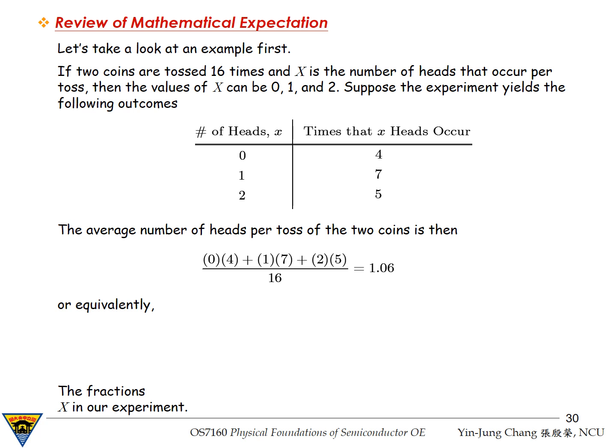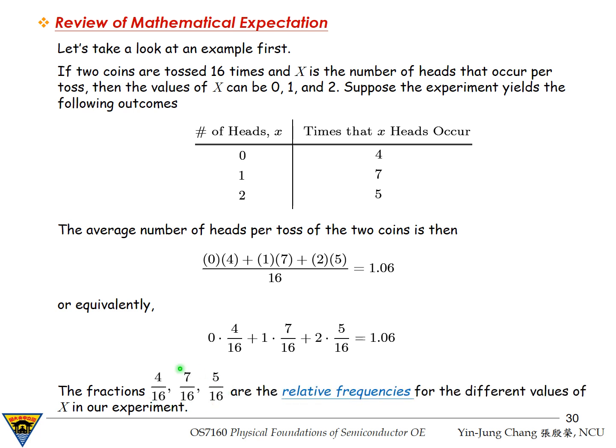We then rewrite the same calculation in a slightly different but more instructive form as shown here, which is exactly the same as the one shown above. Here, these fractions are the relative frequencies for the different values of x in our experiment.